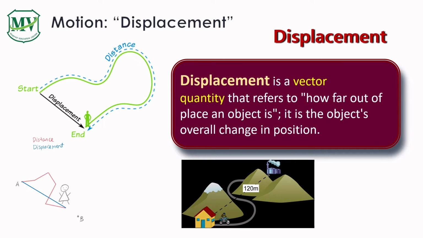It is also defined to be the change in position of an object, and it can be defined mathematically with the equation: displacement is equal to the change in x, which is also equal to the final position minus the initial position. X sub f refers to the value of the final position, while x sub naught refers to the value of the initial position. Delta x is the symbol used to represent displacement.